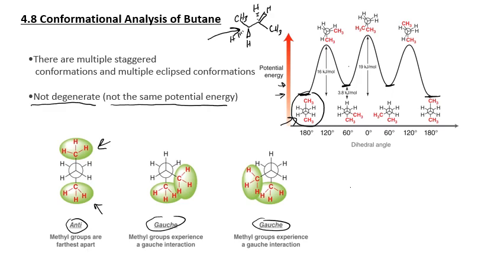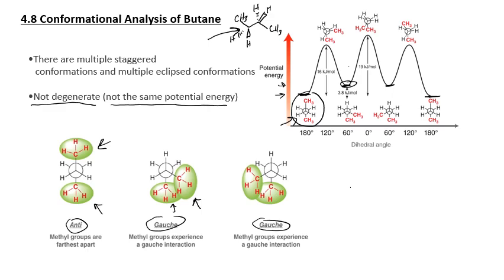However, let's look at the next higher staggered conformation, which we call the gauche. You notice we have those two methyl groups. Even though it's staggered, they're large enough to have a little bit of electron repulsion in the bonds and in the atoms that raise the energy by 3.8 kilojoules per mole.